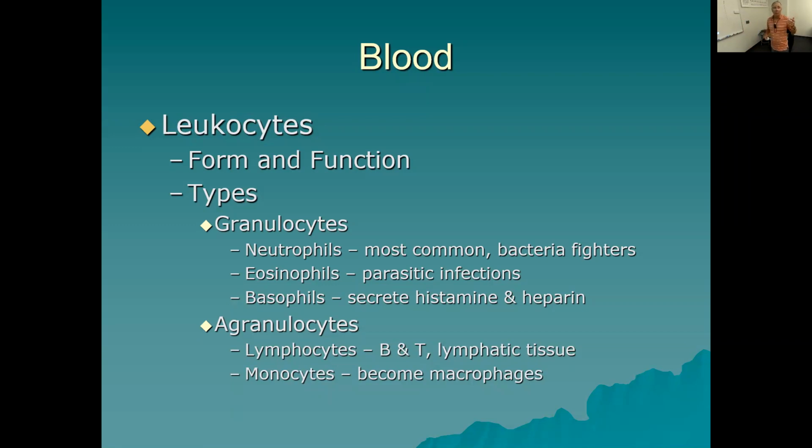And if you have an infection and you're not sure what you're infected with, you can go to the physician and get what's called a differential white cell count, and it will measure how many of these individual types of white blood cells you have, and it will give you an indication of if you're fighting some kind of bacteria, virus, multicellular parasite, or you just have some kind of inflammation, something else. You can tell that by getting a differential white cell count. All right.